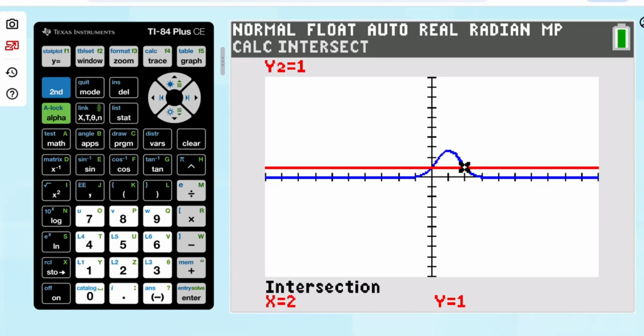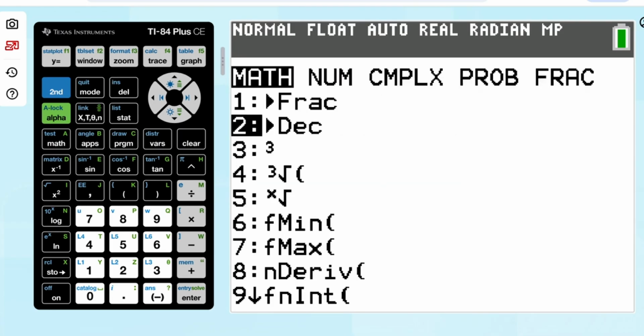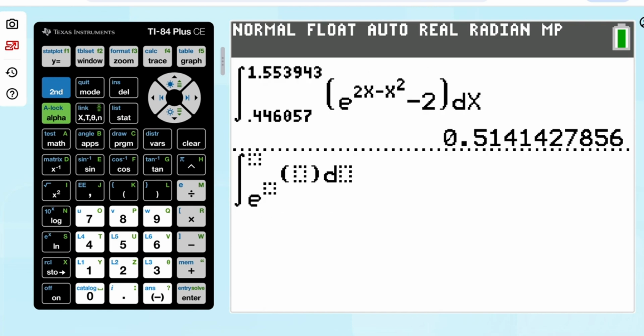So if we go back to our graphing calculator and we do math option number 9, we've got our limit of 0 and our second limit of 2, and now inside of here we've got e to the 2x minus x squared minus 1 dx, and then we have to subtract that first area that we found.